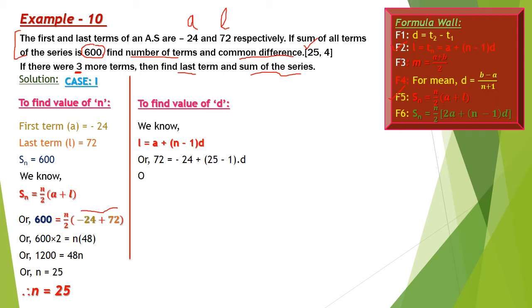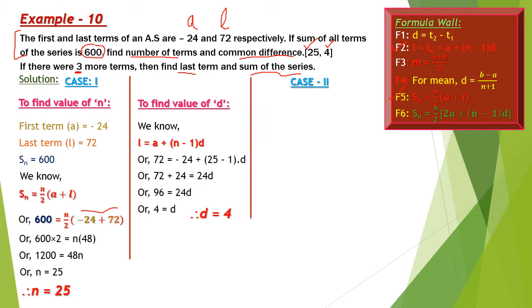We can easily find the value of d: 72 plus 24 equals 24d. That is 96, so 96 equals 24d, and the value of d is 4. So d is equal to 4, and we have completed our first case.